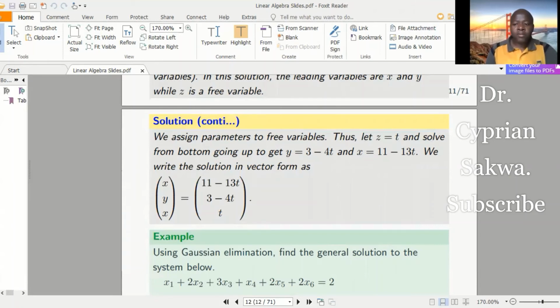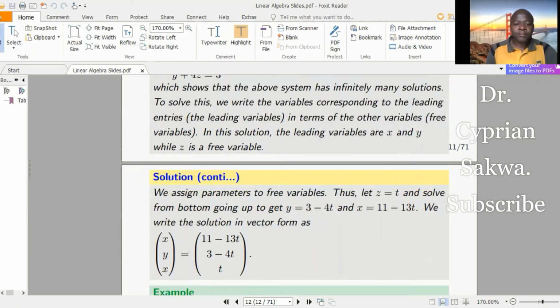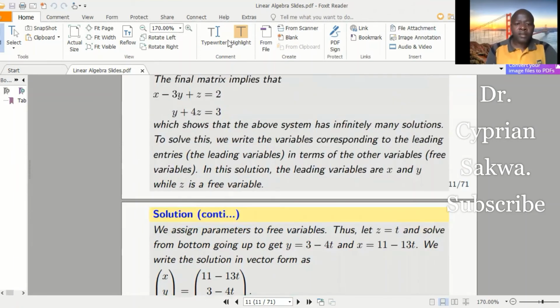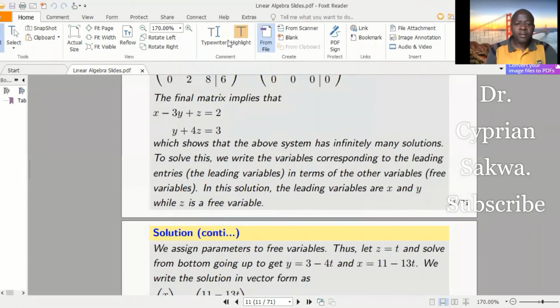So when we solve from the bottom going up, supposing that z is t, what I would then have is y equals 3 minus 4z, but z is t.